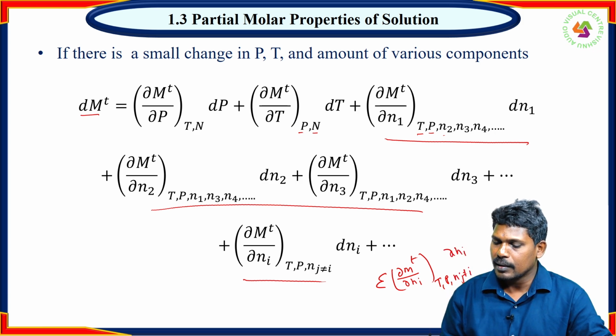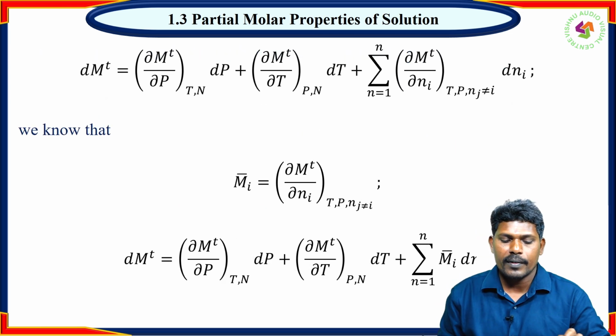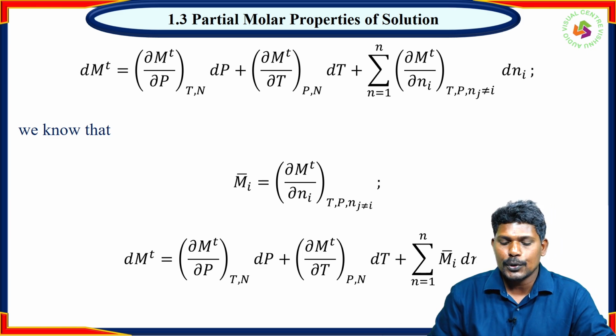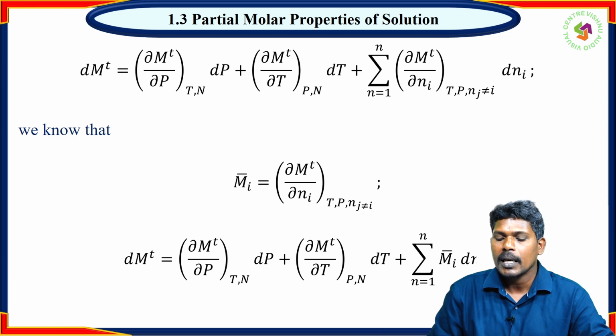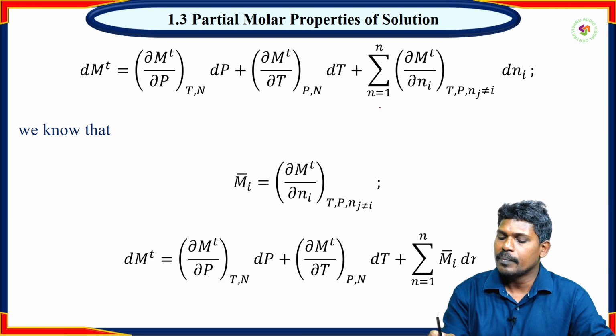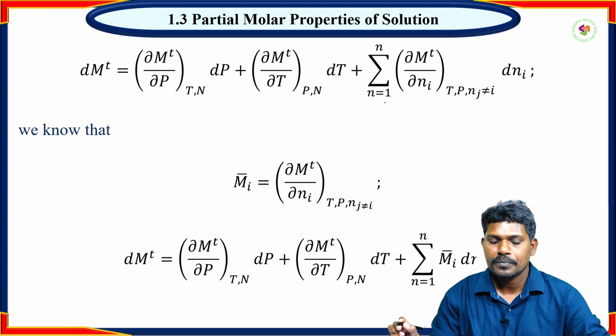We can write it like this because it is only a summation. So we have written dMt equal to ∂Mt/∂P at T, n dP plus ∂Mt/∂T at P, n dT plus the summation from i equal to 1 to n of ∂Mt/∂Ni at T, P, Nj not equal to i, dNi.